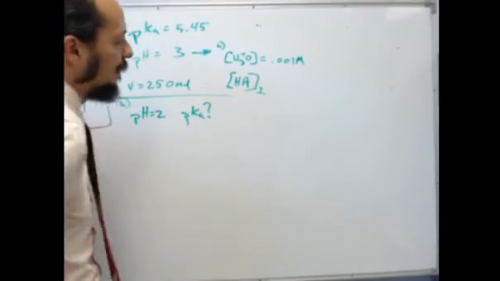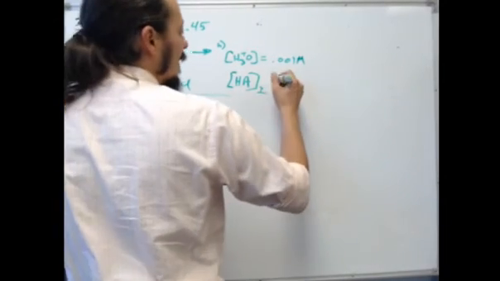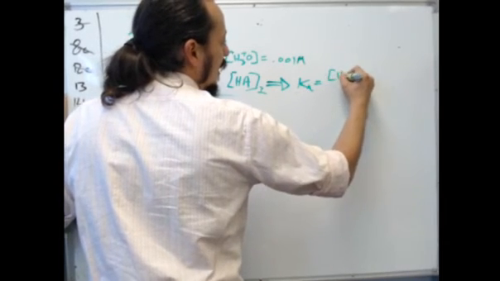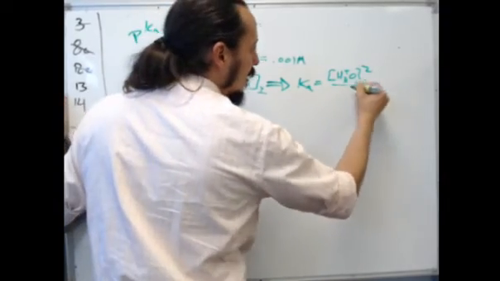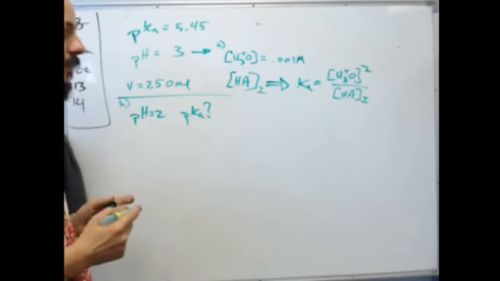HA initial. So if we wanted to set this up, we could write down a generic ICE table and all that stuff. But again, we've done this enough that we know we're going to get Ka equals H3O plus squared, X squared divided by HA initial.